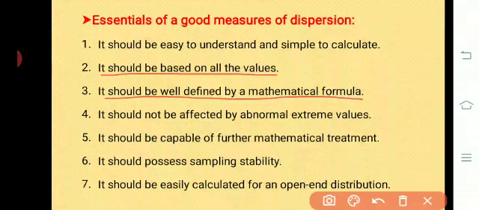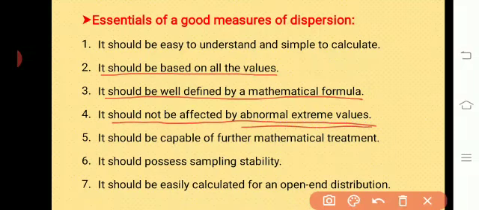Then it should not be affected by abnormal extreme values. Here abnormal extreme values means, as compared to the entire data, any value is too small or too big, then such values are called abnormal extreme values. So whatever the measure we are finding, that should not be affected too much by these abnormal extreme values.